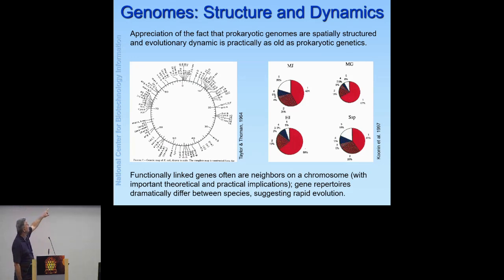And a few decades later, when we had the first few completely sequenced genomes, their comparison helped to realize that there is a lot of dynamics in prokaryotic genomes. Genes come and go, and not all bacterial chromosomes have the same complement of genes.